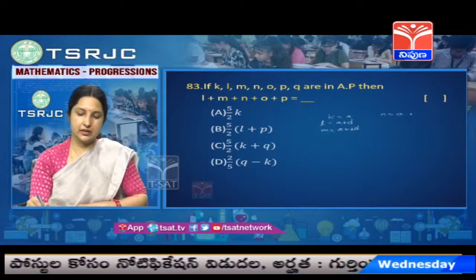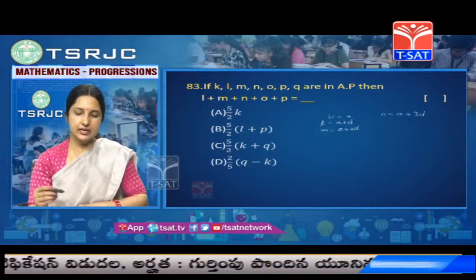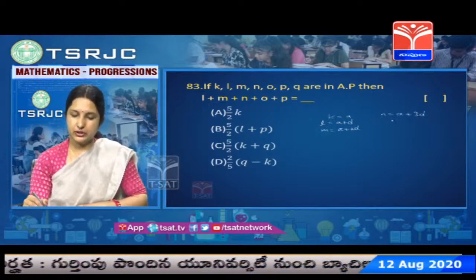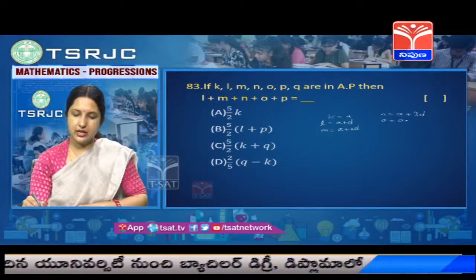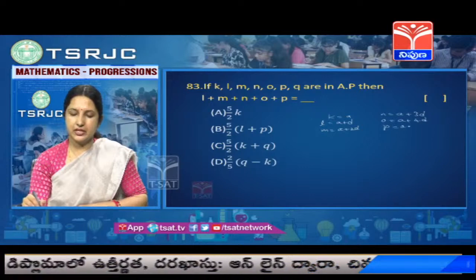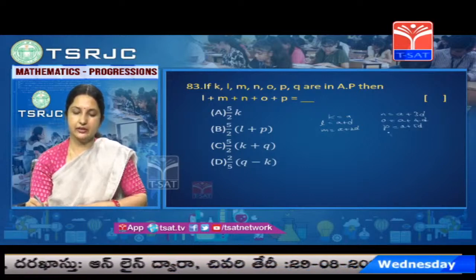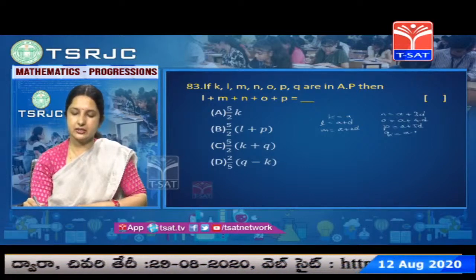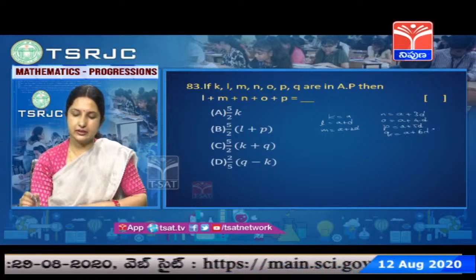N equals A plus 3D. Because these are in AP, no? Arithmetic progression lo unnai kada. O equals A plus 4D. P equals A plus 5D. Q equals A plus 6D.